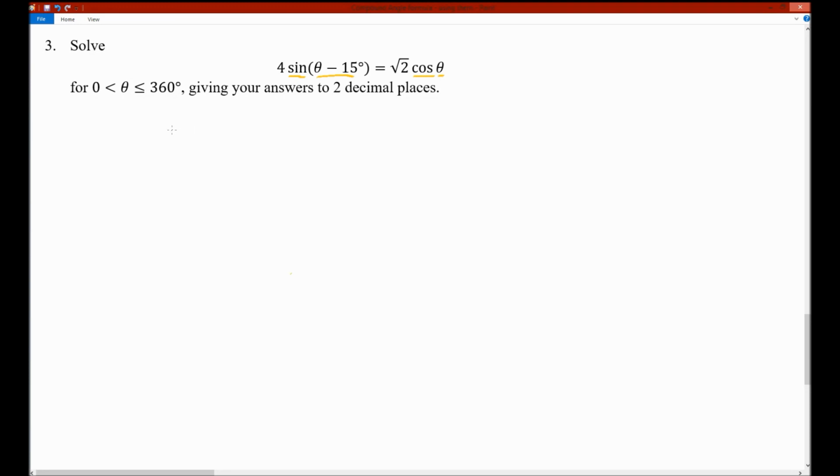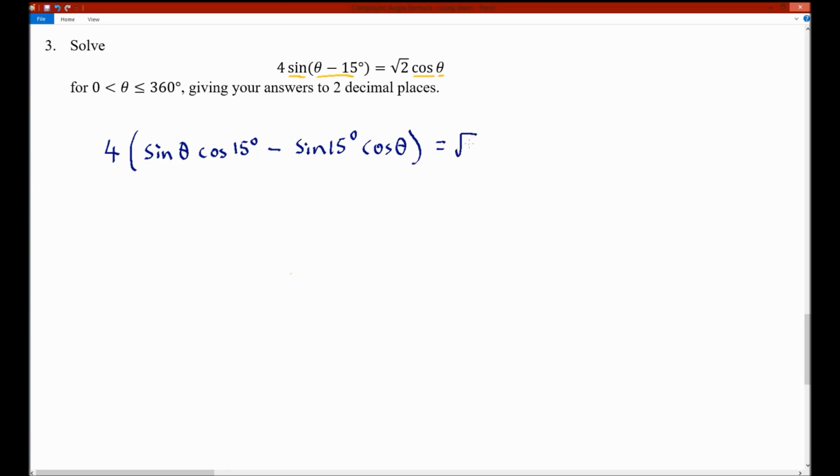So what we're going to start off by doing is we're going to use the compound angle formula to rewrite this expression on the left. So using the sine of a minus b compound angle formula, we write it as sine of theta cos of 15 degrees minus sine of 15 degrees cos of theta.